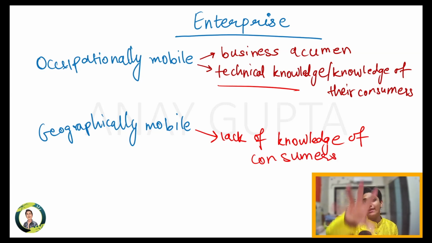But if I study the market for some time over there, there is a high chance that I will be able to do well in the other country as well. Right? So generally, enterprise should be occupationally and geographically mobile. But you can argue otherwise as well.